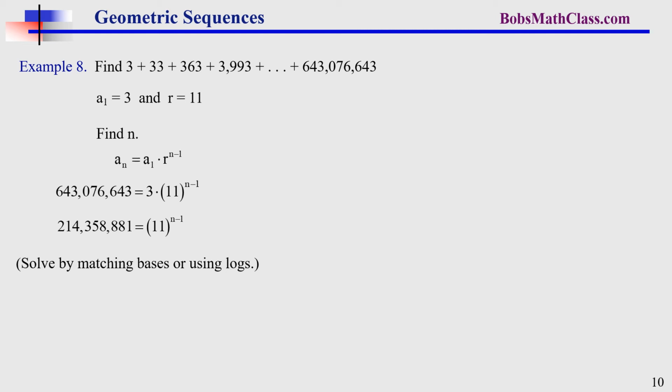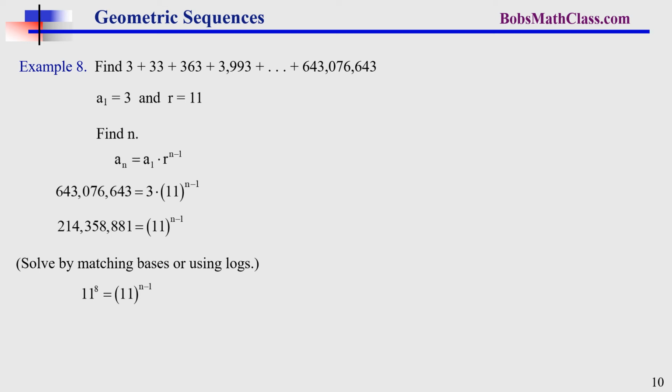Most people probably don't. Just play with your calculator. Put in 11 to the power 5. See if that's it. If it's too small, try a larger number. If it's too big, try a smaller number. Alright, so you should play around and you should get a power of 8. 11 to the power 8 will give you that number.